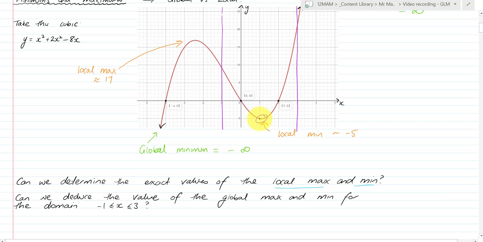What we do have is a local minimum, and this is also our absolute minimum within that domain. So I say within -1 ≤ x ≤ 3, we have an absolute minimum, which is also our local minimum, and it's equal to -5.